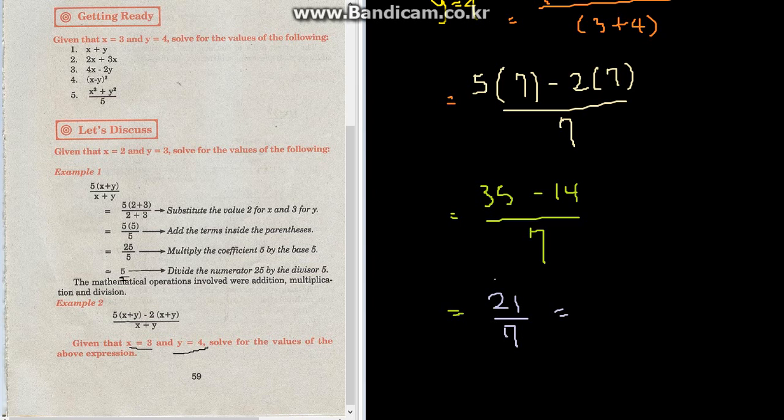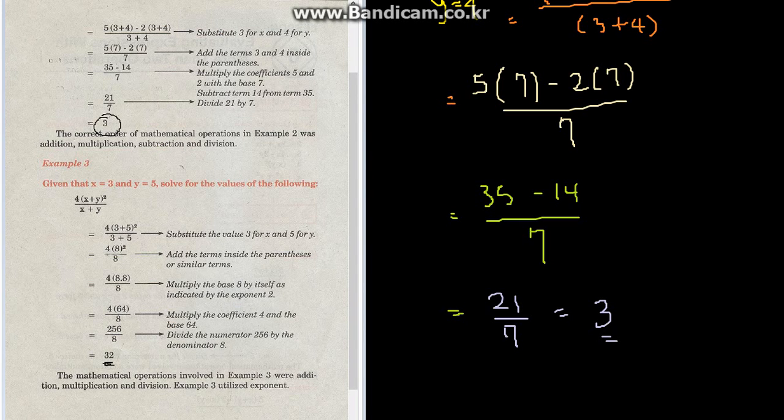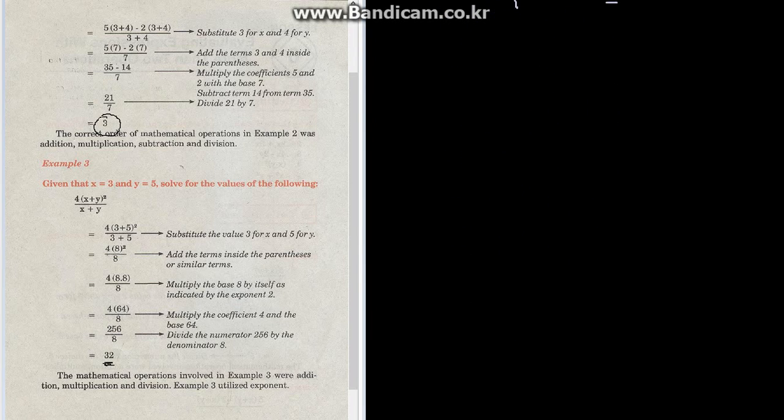Then if we divide 21 by 7, we get 3, right? So we get 3 as the answer. So let's try example number 3 now.